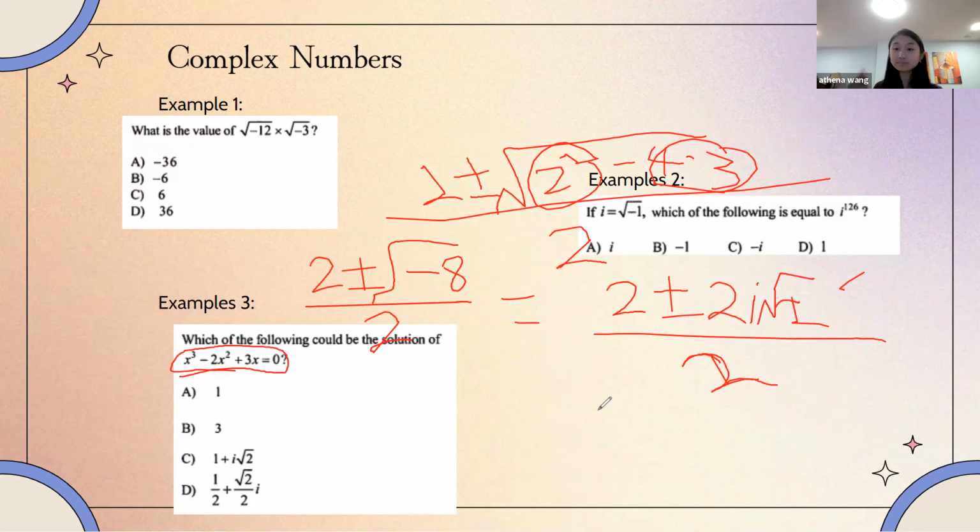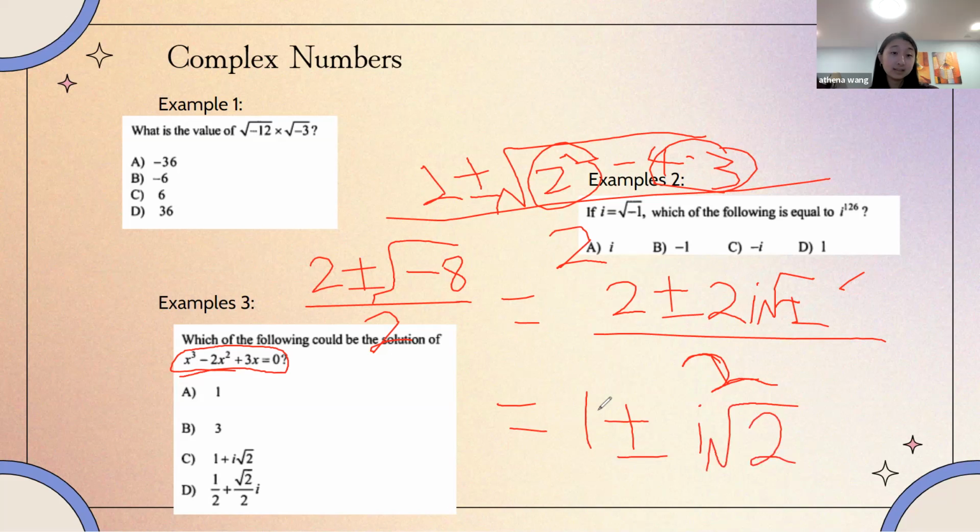Then we can simplify this, and this gets us to 1 plus or minus i root 2, and these are both roots of this polynomial. But we only see one of them here, and that just gets us C. So that would be our answer.